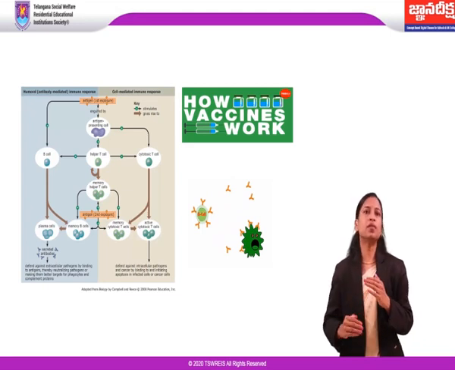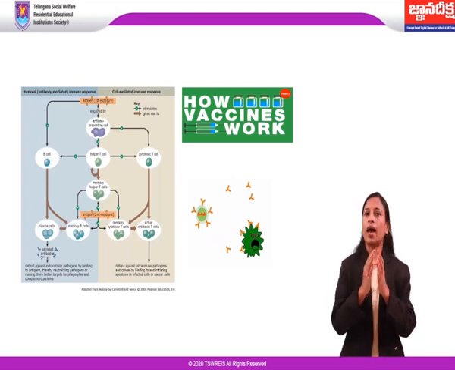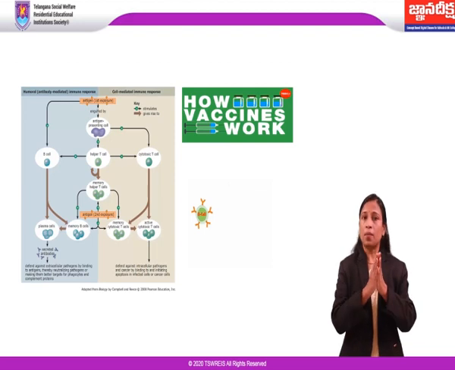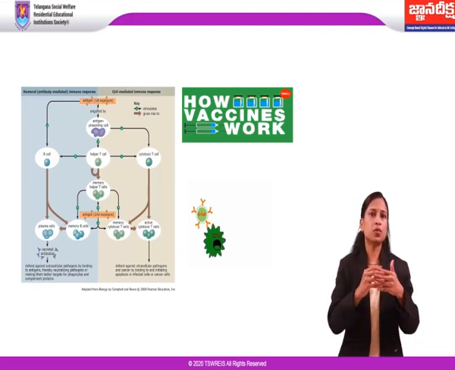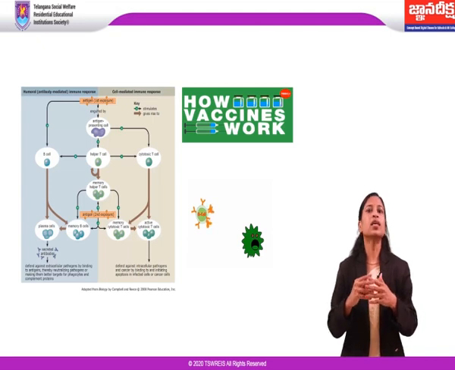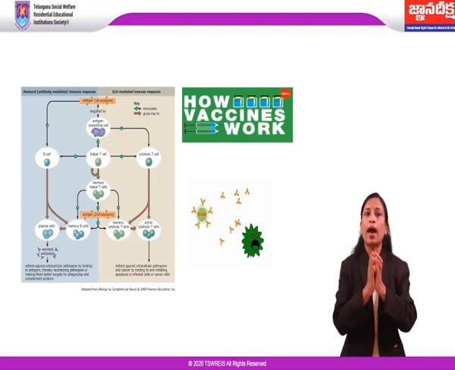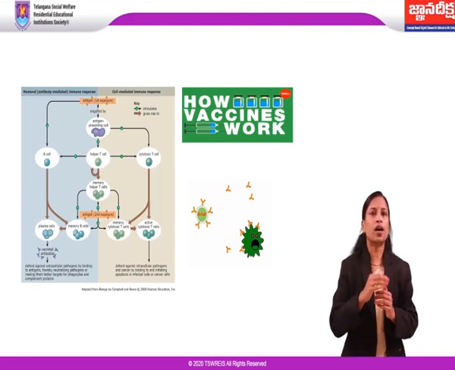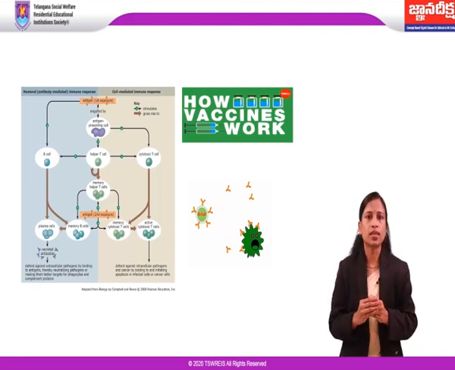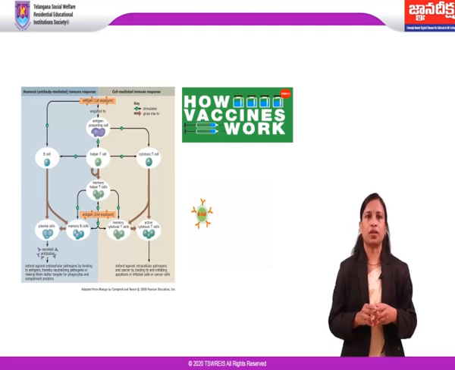Activated B cells differentiate into plasma cells and memory cells. Plasma cells secrete antibodies which bind to the specific antigens on the extracellular pathogens and neutralize them, or make them better targets for phagocytic cells and complement proteins.